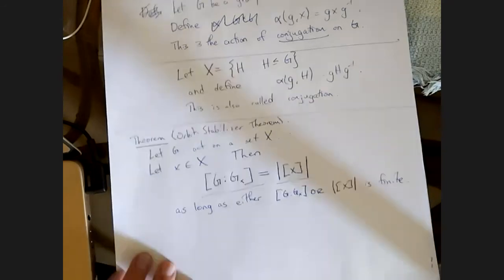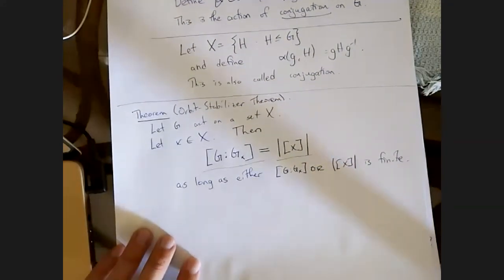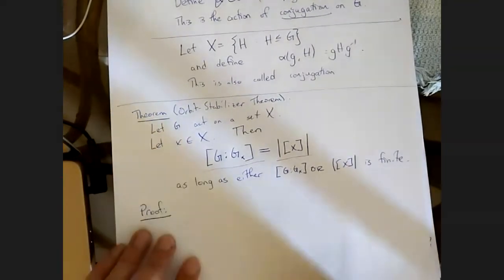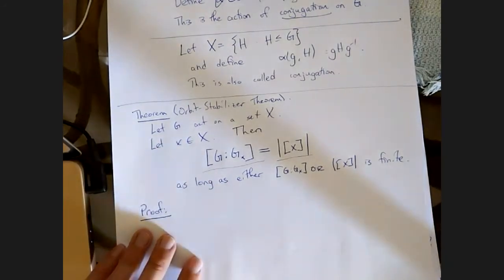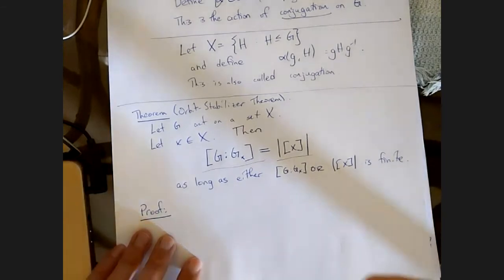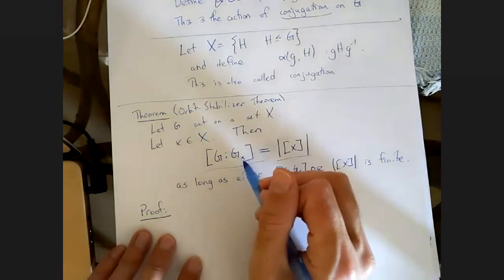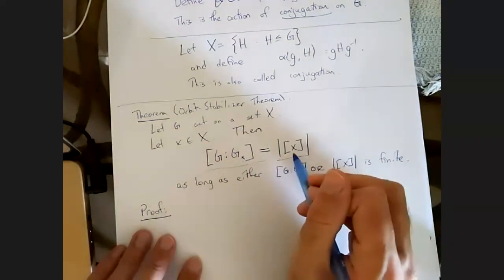For this proof, I'm going to skip a lot of the details and just give you the main idea, just so we can state our other main property about group actions today. The idea is you construct a bijection between the left cosets of the stabilizer and the elements of the orbit.